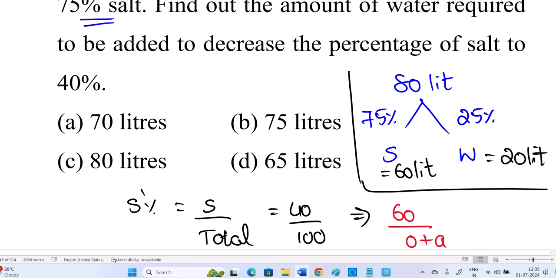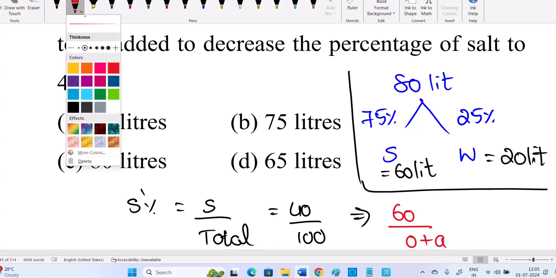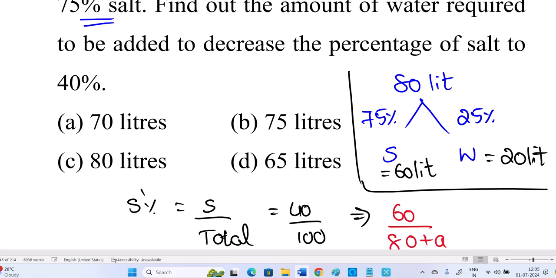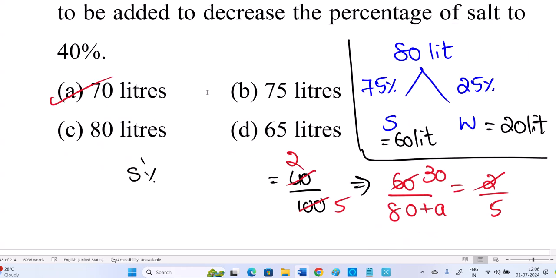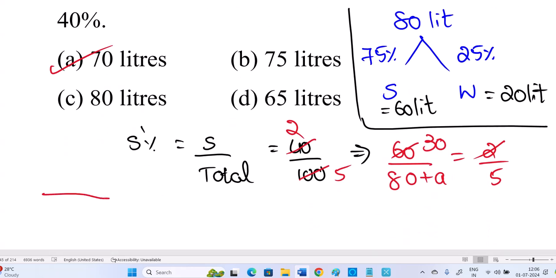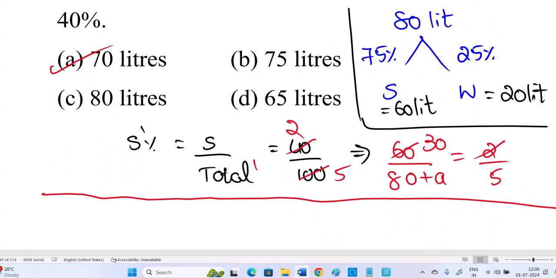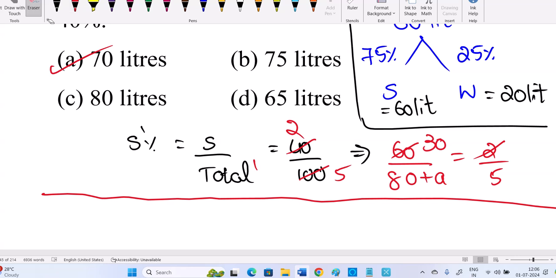Total previously 80, now 80 plus A, because when you add water or salt, the total will increase. That's nothing but 2 by 5. Cross multiplying, you will get the answer, which is 70 liters. So this is the method we used to solve this question in the percentages topic, because salt percentage is salt out of total, and as you added water, the total also changed. So this is the method.